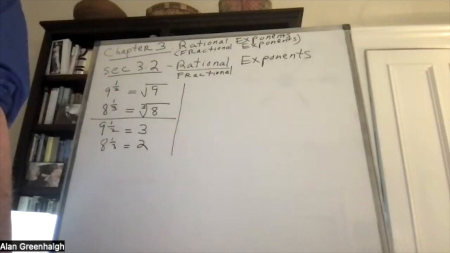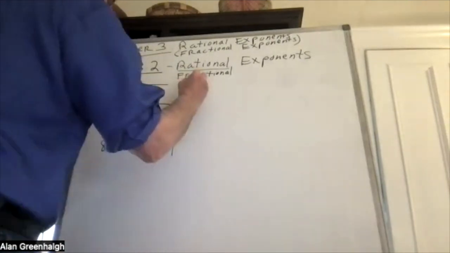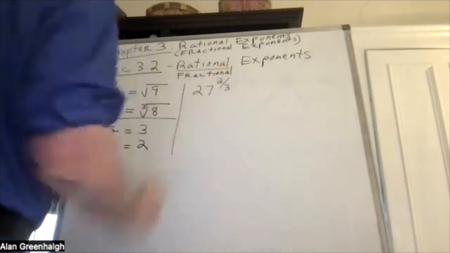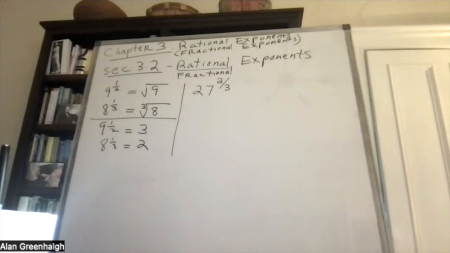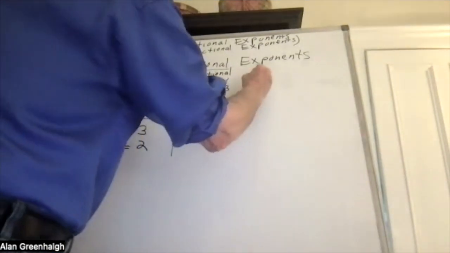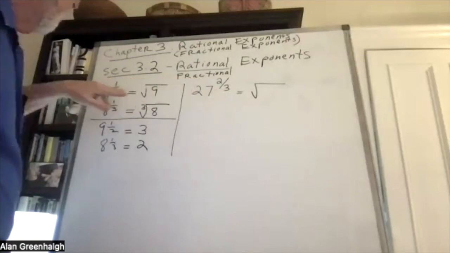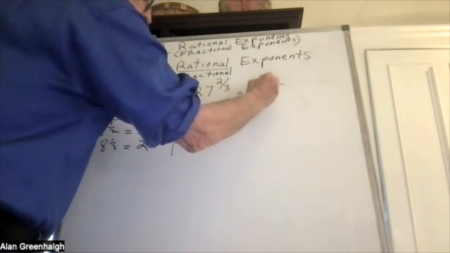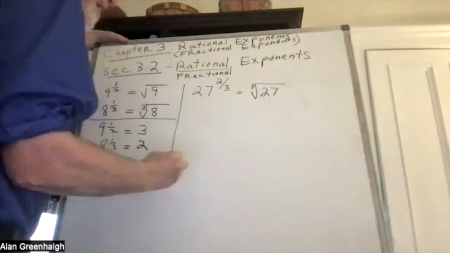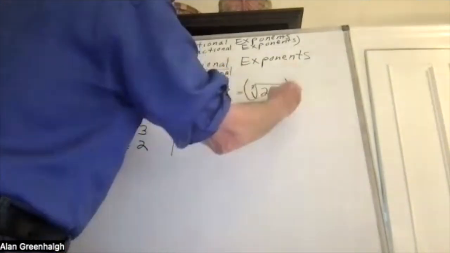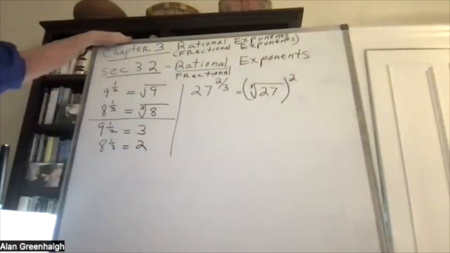Okay, that's the first part of this. Then we look at something like this. And this will mean the bottom number, as you know, is the index. So that would be the third root of 27. And then you have a 2 over there.